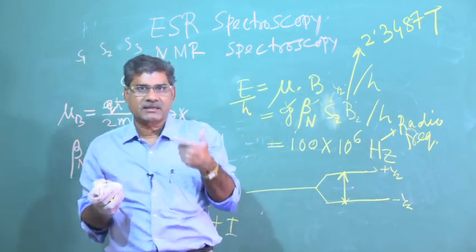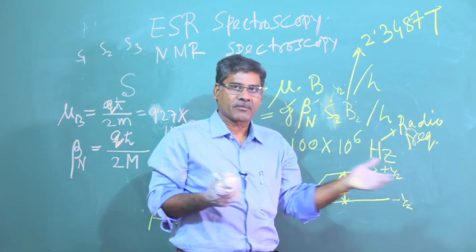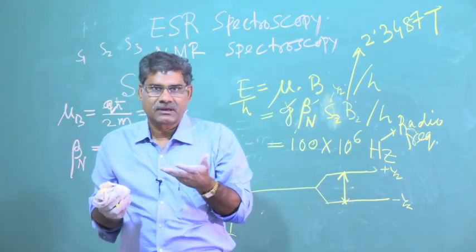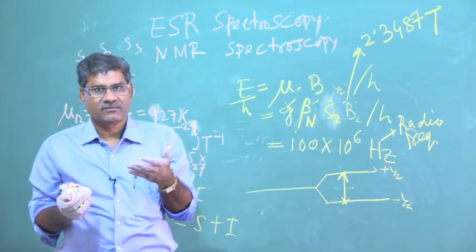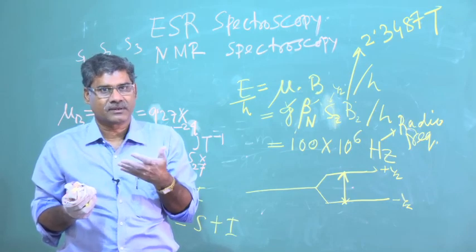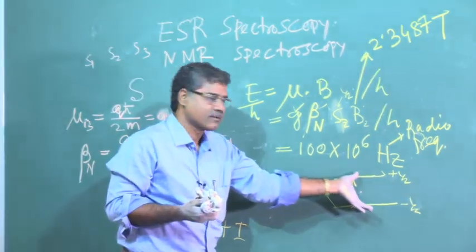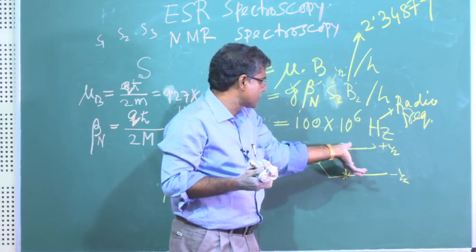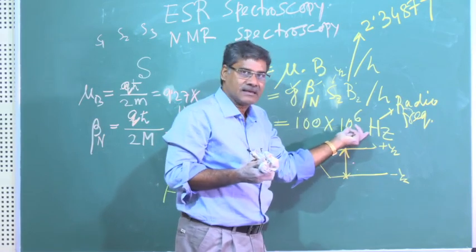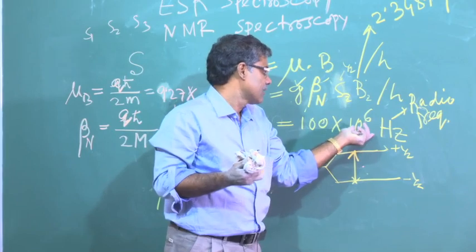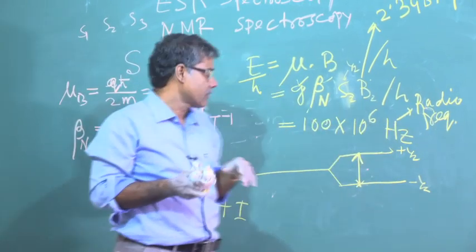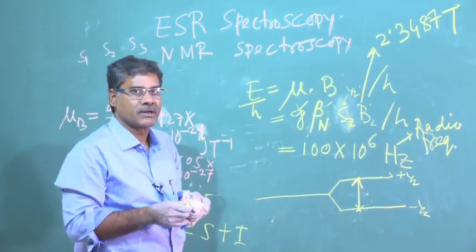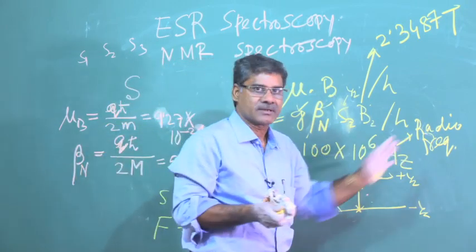So, for simple cases we have considered nuclear spin half. Then it is split like this, and the splitting in terms of frequency is 100 megahertz. It is basically radio frequency.